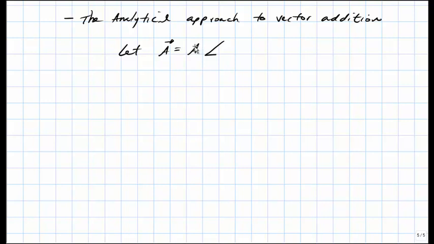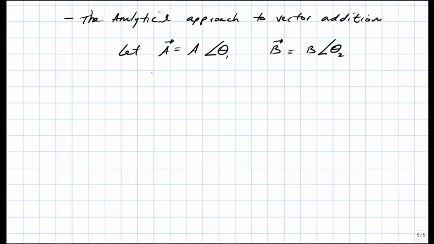Before, I gave you values like 10 and 50 and so forth. Right now, I'm giving no values. This is just some generic magnitude and a generic angle, which we'll call theta 1. We'll also let vector B equal another generic magnitude as well as a generic angle, theta 2. How do we find the vector sum of these two vectors?